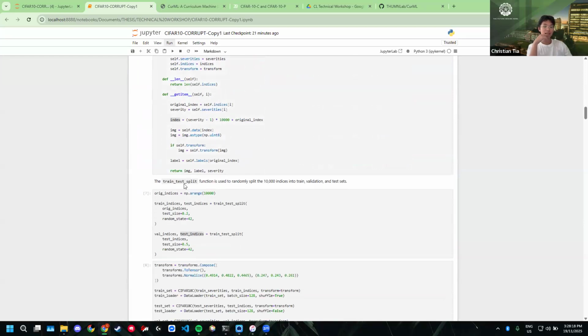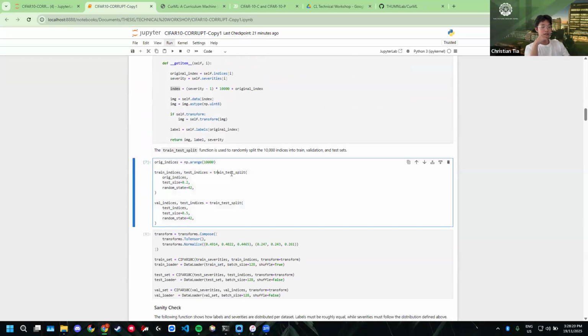The train_test_split function from sklearn is also used to randomly split the indices from 1 to 10,000 of those images. Since we're using an 80, 10, 10 split, the test size here is 0.2.